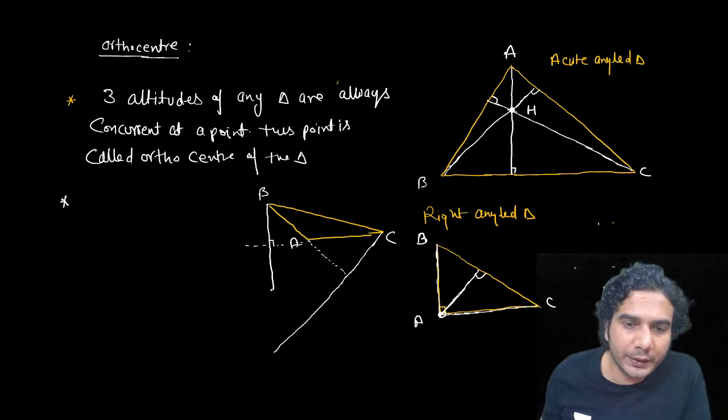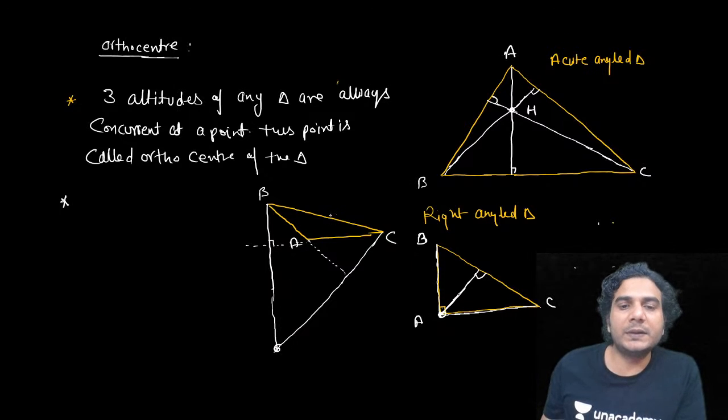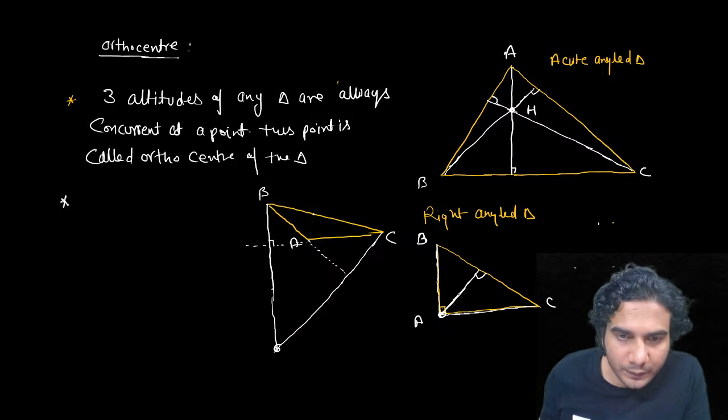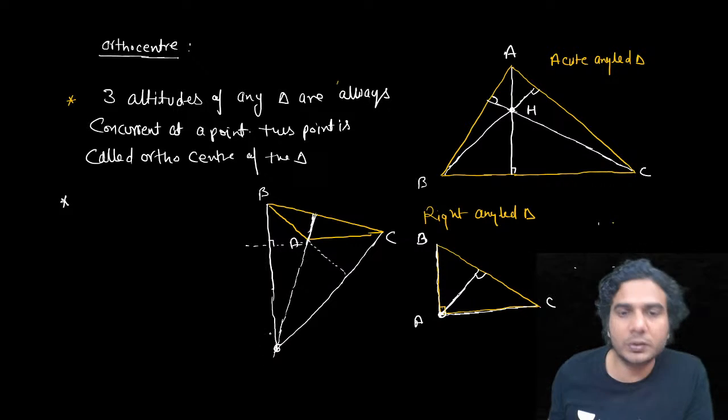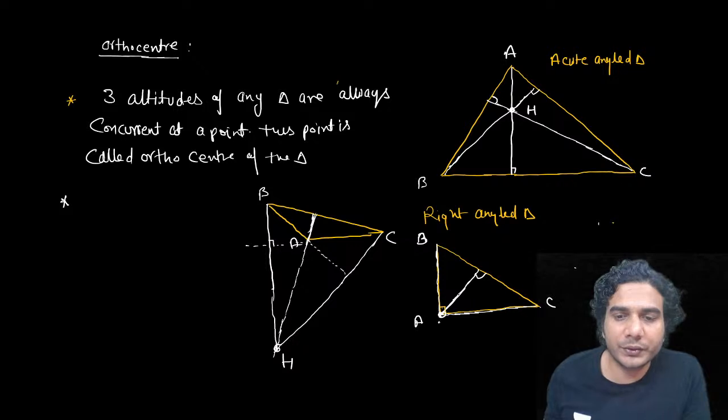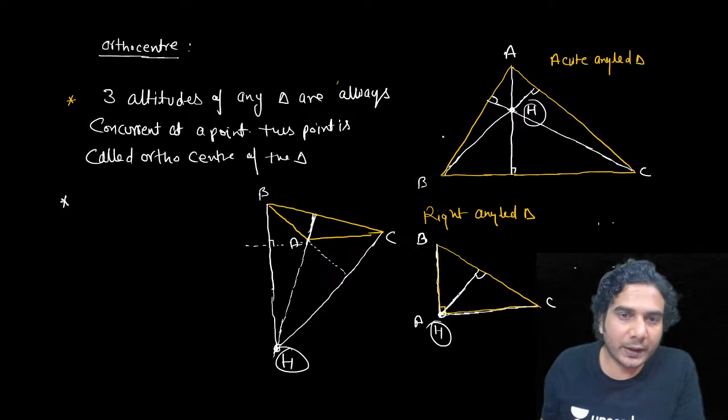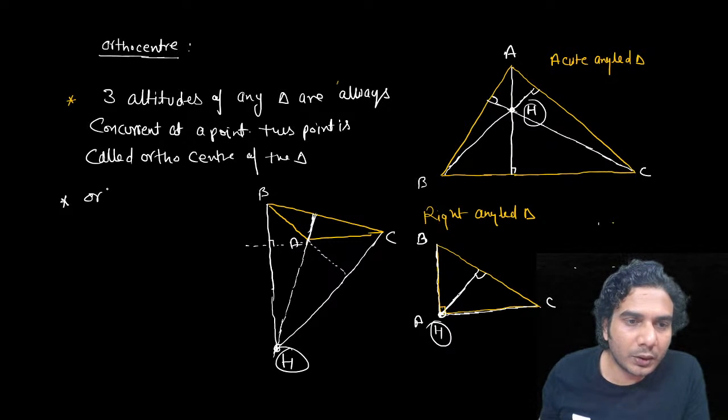These two altitudes meet here, outside. So this is the orthocenter. And the third altitude, if you draw it from A to BC and extend it backwards, will also pass through this point. This is the orthocenter.